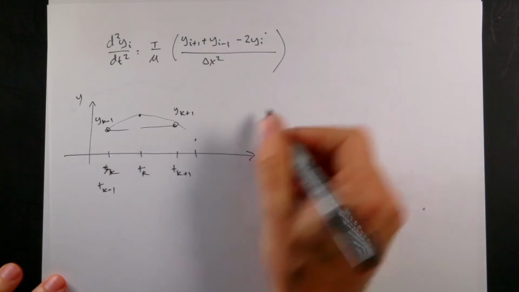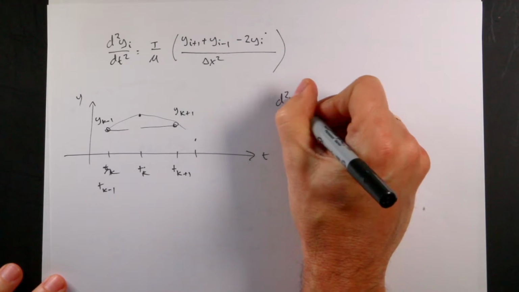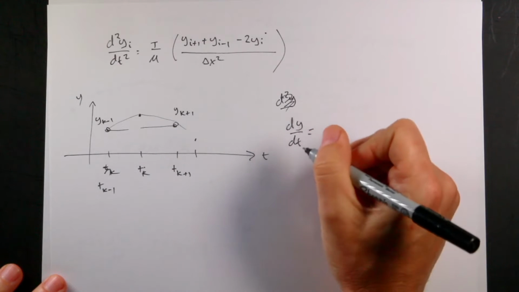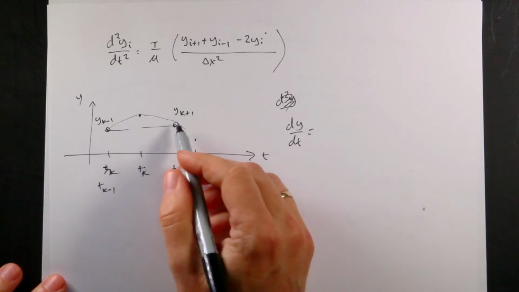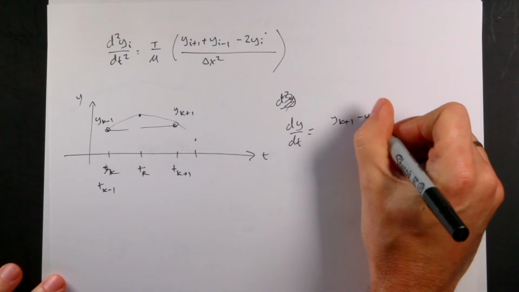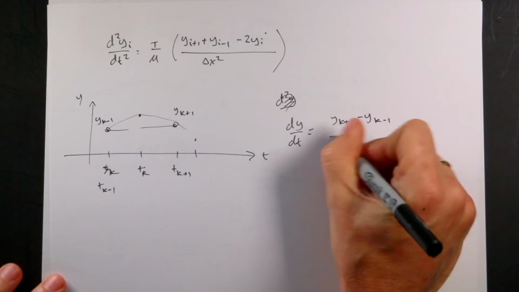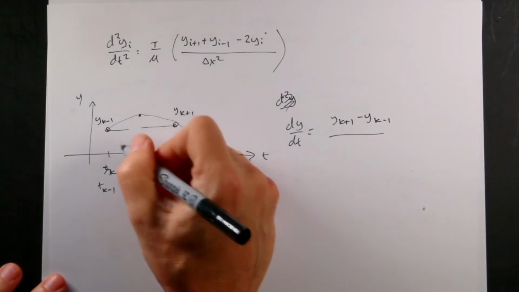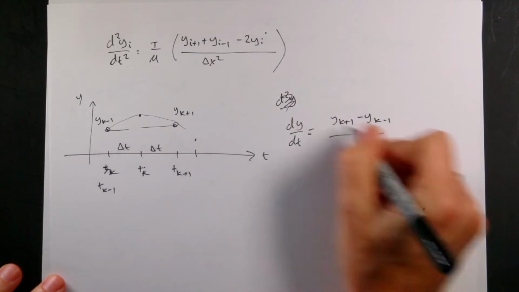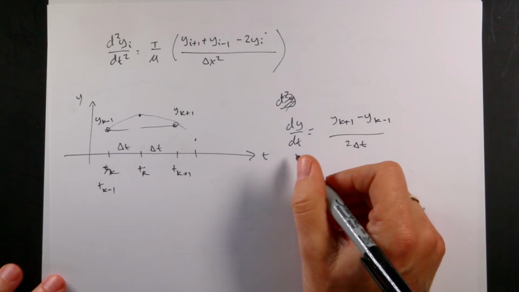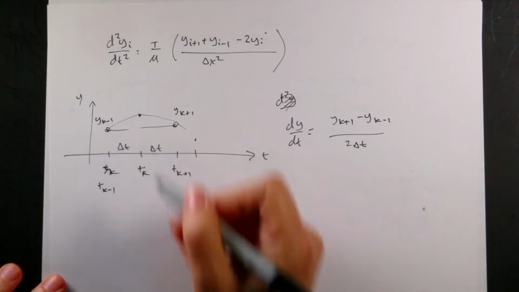If I find the slope between these two, the first derivative of y with respect to time is equal to yk plus 1 minus yk minus 1 over the horizontal distance, which is 2 delta t. So that's one way to do the first derivative. That would give me the derivative at this midpoint.